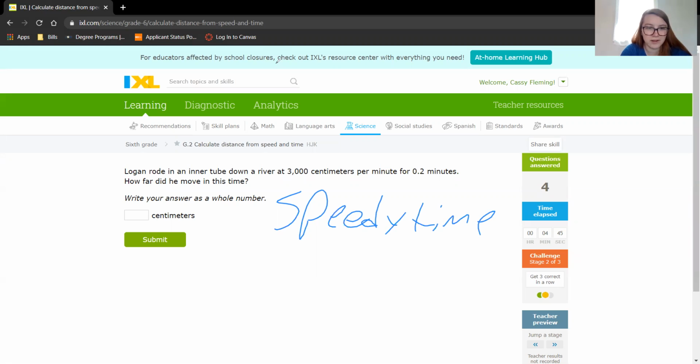So Logan rode in an inner tube down a river at 3,000 centimeters per minute for 0.2 minutes. How far did he move during this time? We need to write our answer as a whole number. Our speed was 3,000 centimeters per minute, and we went for 0.2 minutes. So again, it's 0.2 times 3,000.